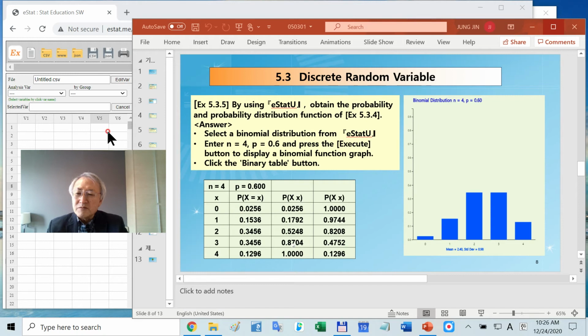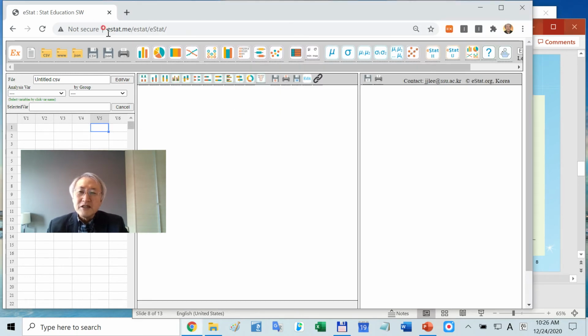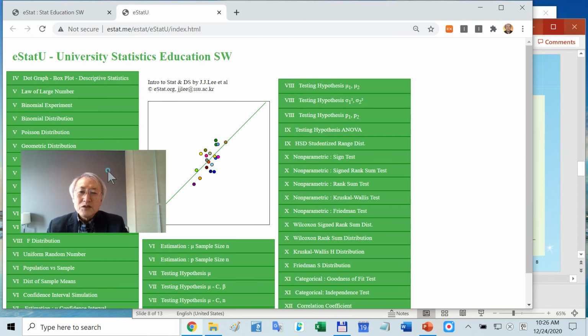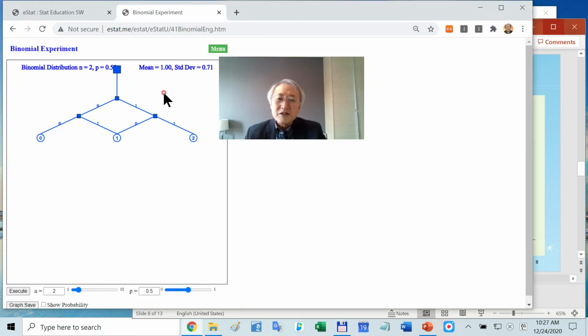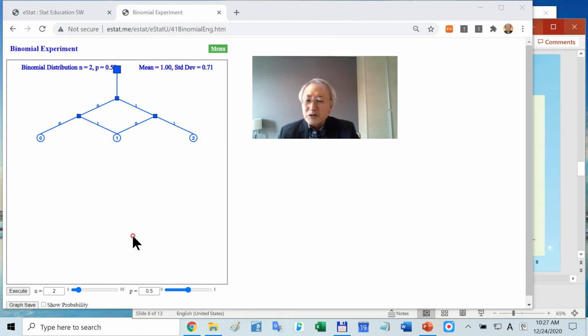Preferably the browser should be Chrome. This is the main screen, www.estat.me. Click eStatU. You will have a menu like this, but here, maybe you can click here, binomial simulation. This is what I showed you.